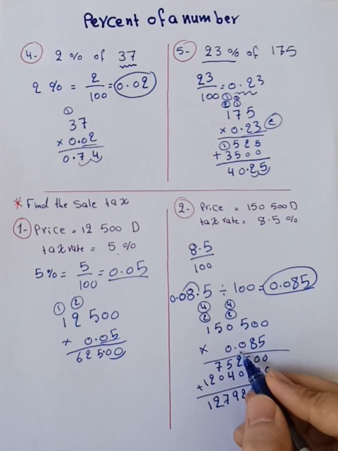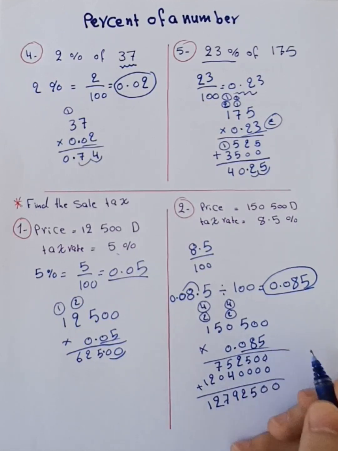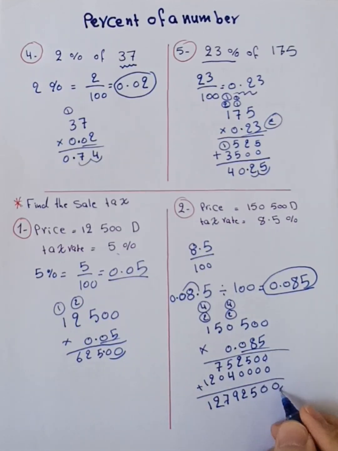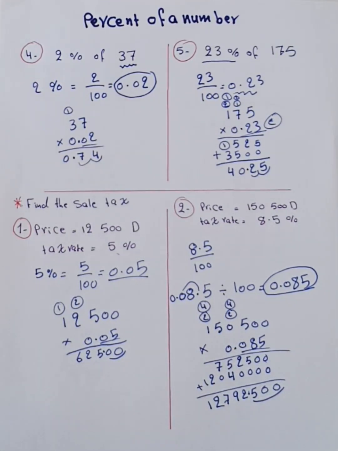In the second number, after this point, we have 3 numbers. We have to skip 3 numbers and then write the decimal point. So the answer, or the sales tax, is 12,792.5.